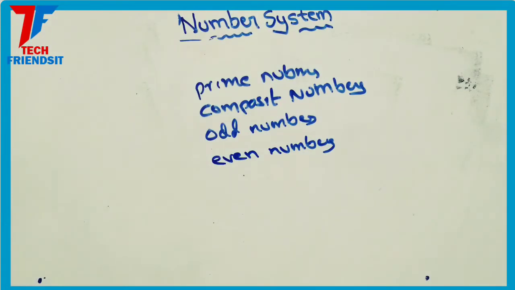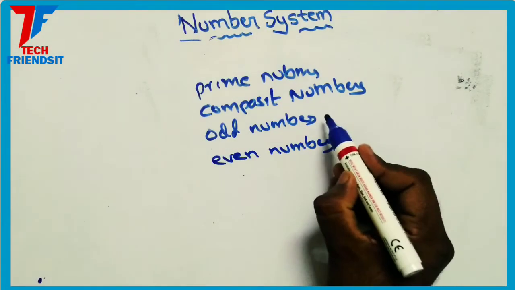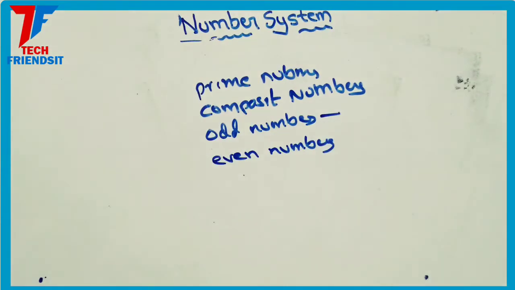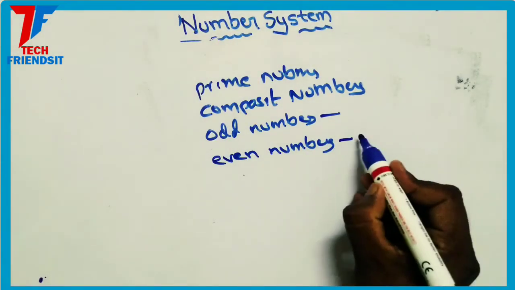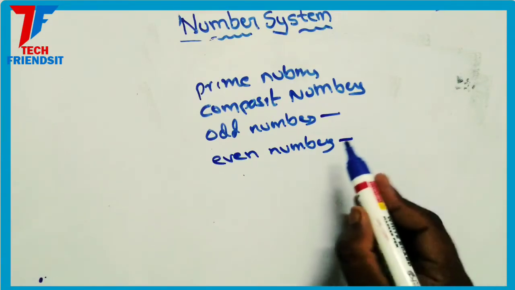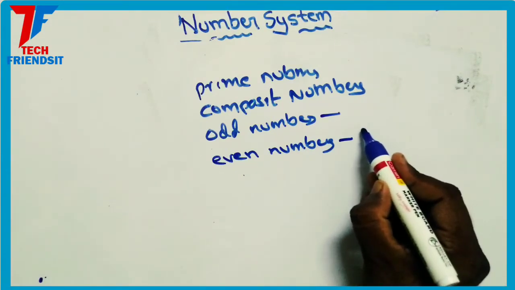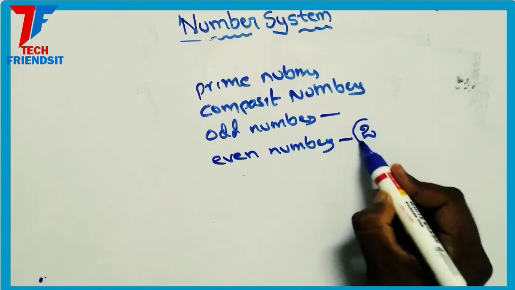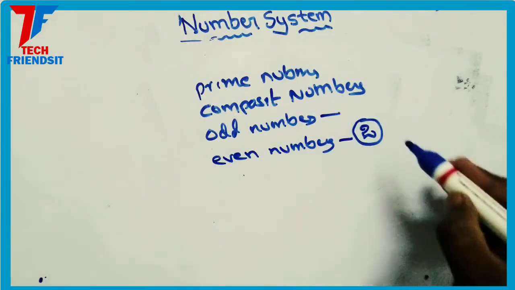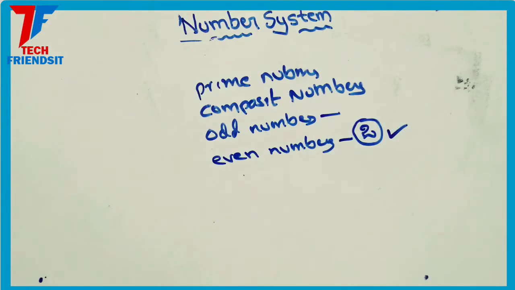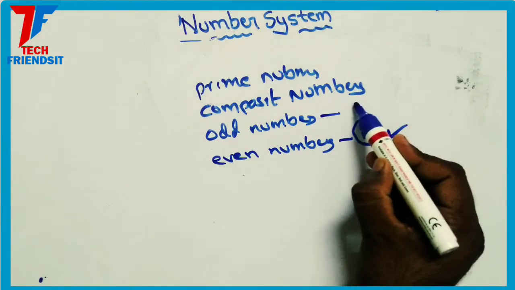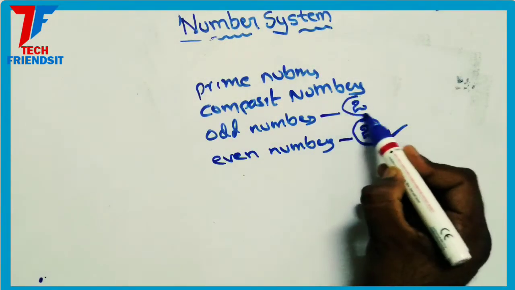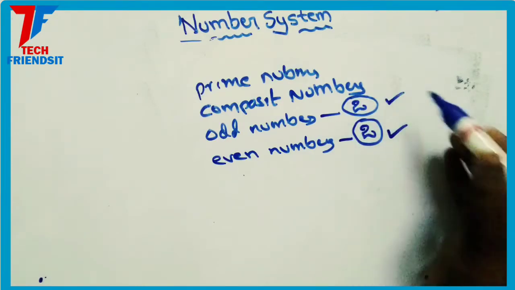We will learn this also. What is an odd number? What is an even number? Even number means any number divisible by 2 is called an even number. Any number not divisible by 2 is called an odd number.